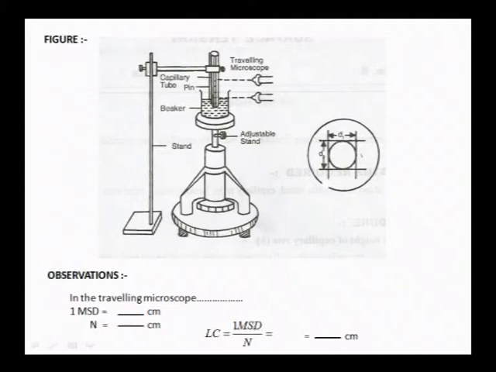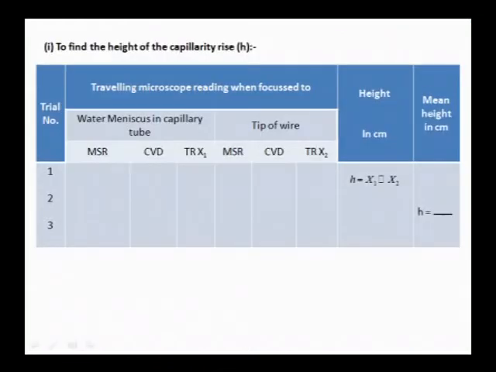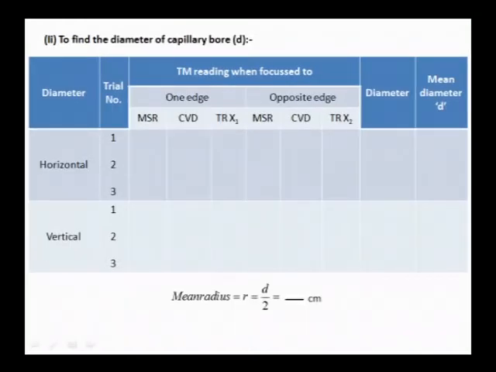The picture to the left shows the figure to calculate the diameter of the capillary tube. So, we will get two readings, one along the horizontal scale and the other along the vertical scale. The average of both is calculated, and that is tabulated as the diameter of the capillary tube.